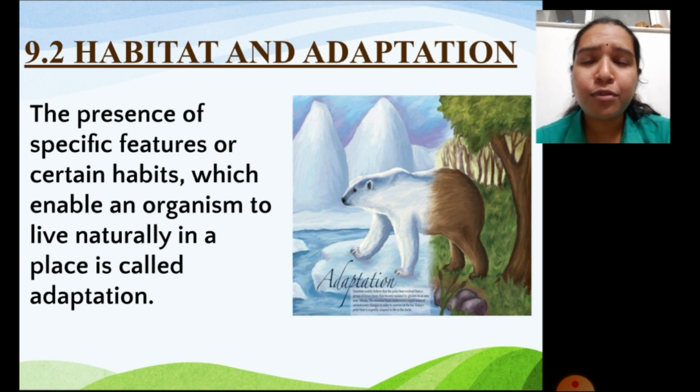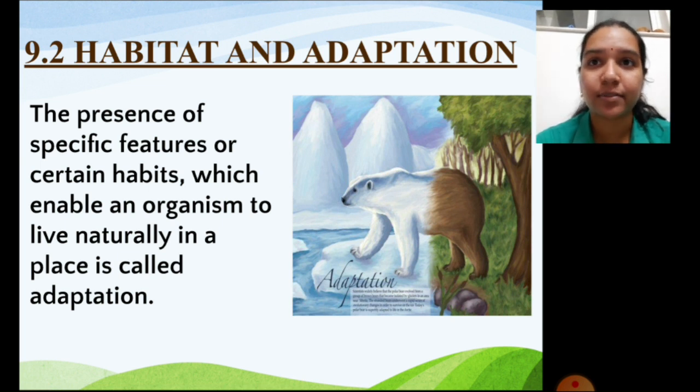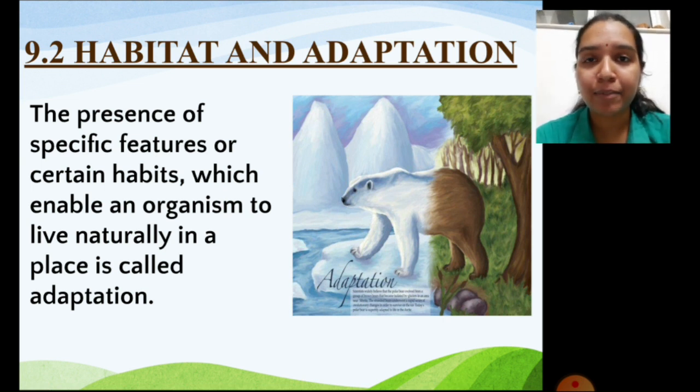Out of numerous living organisms, we have just seen only two examples from a very wide variety of animals and plants on earth. We found that each creature has certain features that help them to live in the surroundings in which they are usually found.